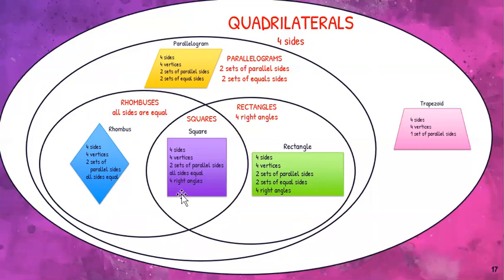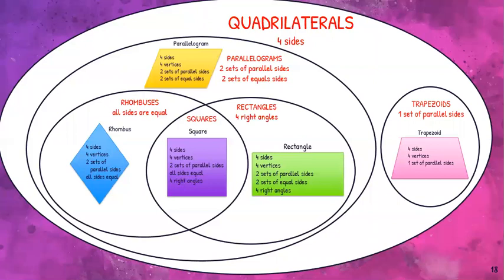All right, and we don't want to forget our poor lonely trapezoid over here. The trapezoid has 4 sides, 4 vertices, and 1 set of parallel sides. So it's in the quadrilateral group, but it's also in a trapezoid group, because there are other ways that trapezoids look, other ways that you could draw a trapezoid.